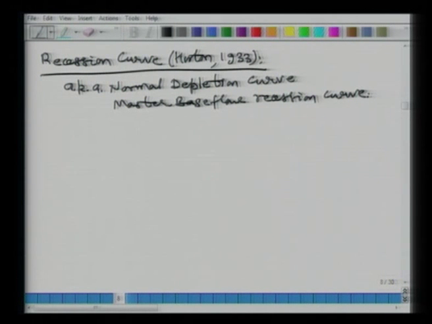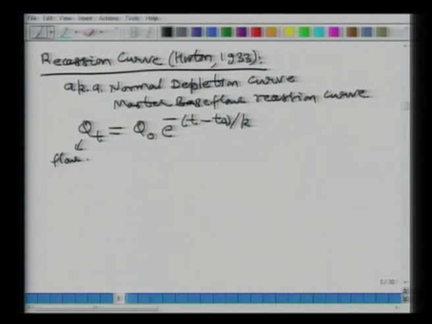So there are different uses for this recession curve, and the equation is the same, and this is how we model the flow at any time t on the falling limb: Qt equals Q0 times e to the power minus (t minus t0) divided by K. Okay. In this equation, Qt is the flow at any time t on the falling limb.